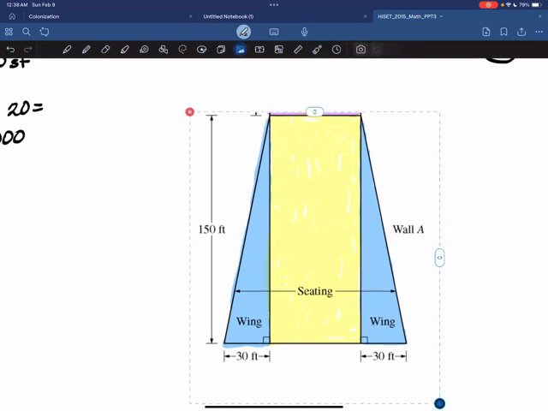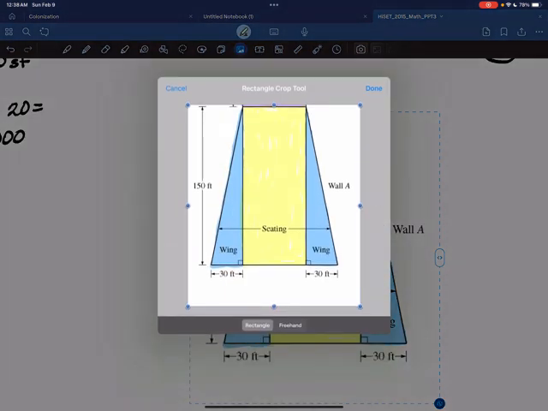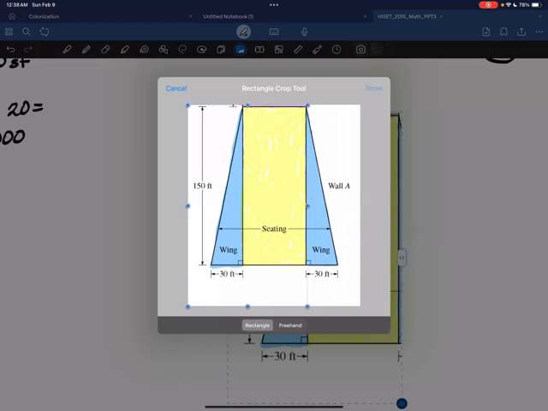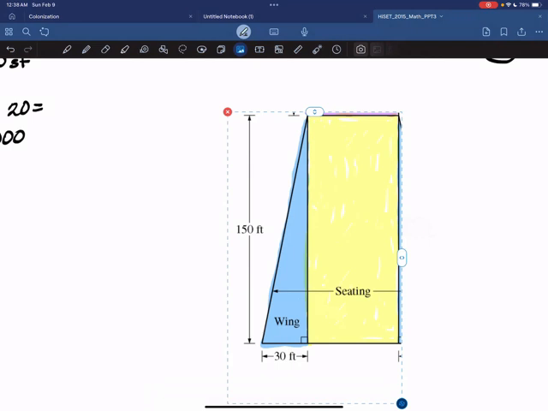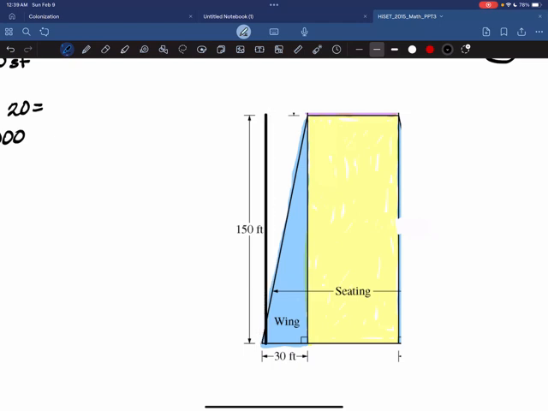So I'm going to cut it off of here. Like so. And then I'm going to draw it in. I'm going to bring it right over here. Let me do it with a dark pen. I'm going to bring it right up here and lay it in this way.